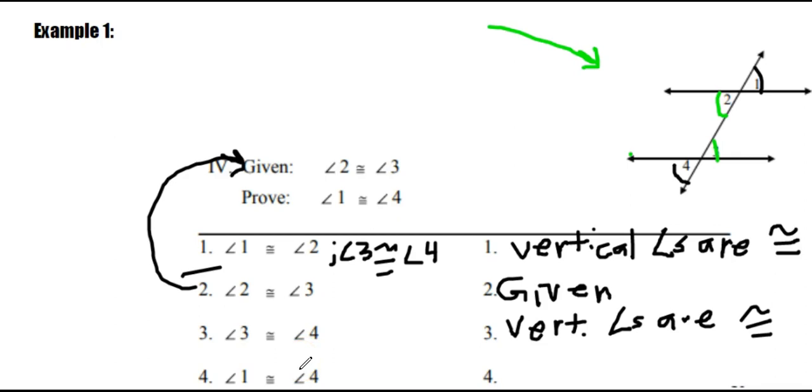Well, what we've proven here is that essentially 1 is congruent to 2, 2 is congruent to 3, 3 is congruent to 4. That's simply going to be the transitive property.